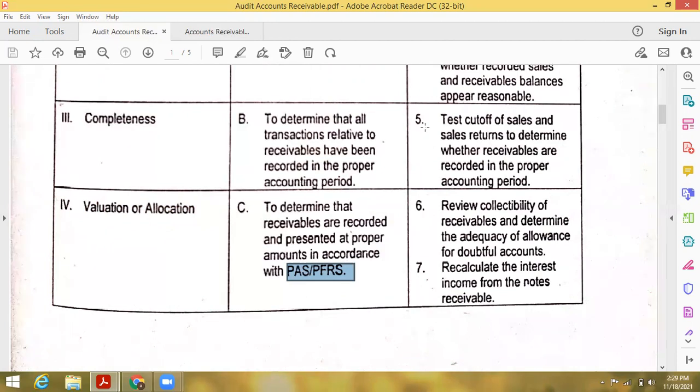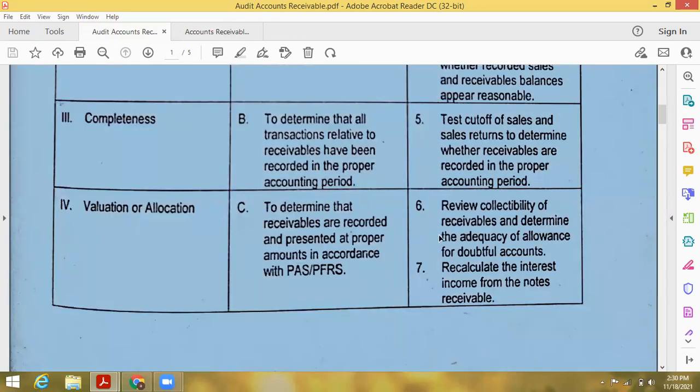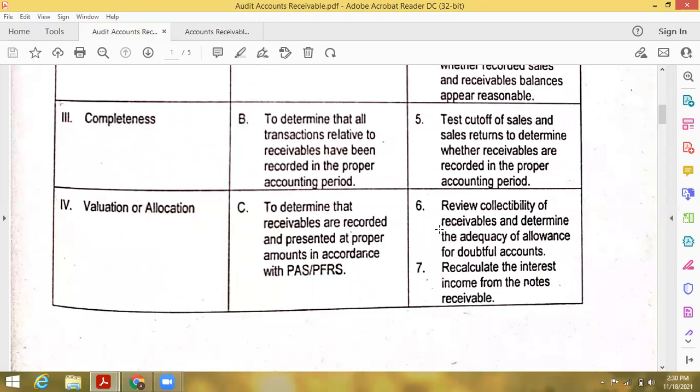So, ang audit procedure daw na pwedeng gawin doon para malaman ni auditor is to review collectibility of receivables and determine the adequacy of allowance for doubtful accounts. So yun nga, check kasi doon sa NRV natin, net realizable value method. Di ba? Anong gagawin natin doon?